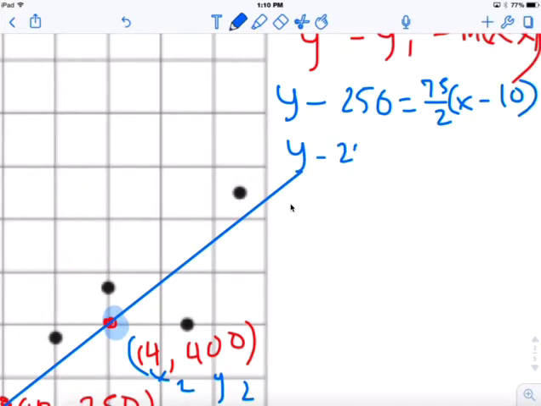Y minus 250 equals 75 over 2 x minus, what's 5 times 75? 375. Add 250.